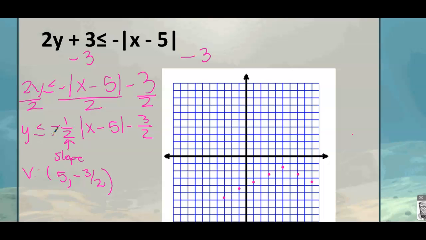So that means they're below the line. So now, if they're below the line, where's below my lines? Inside or outside? Inside again.